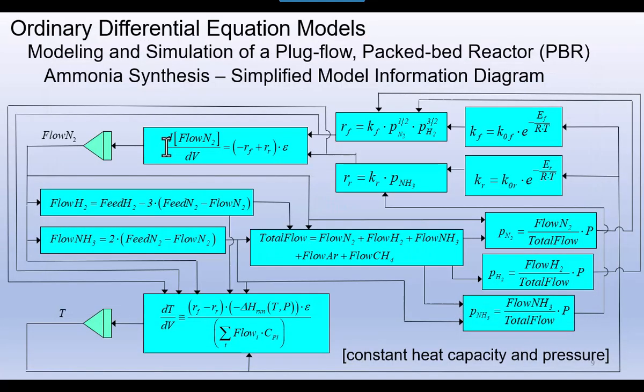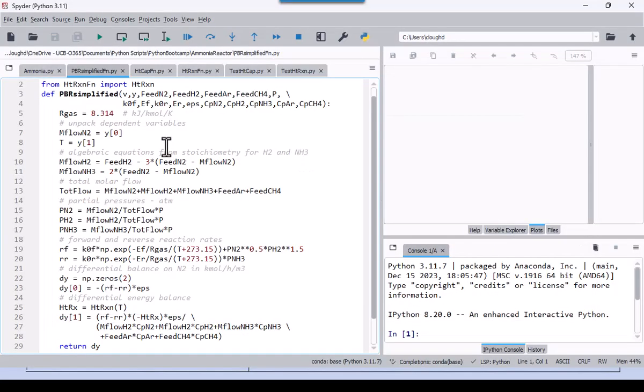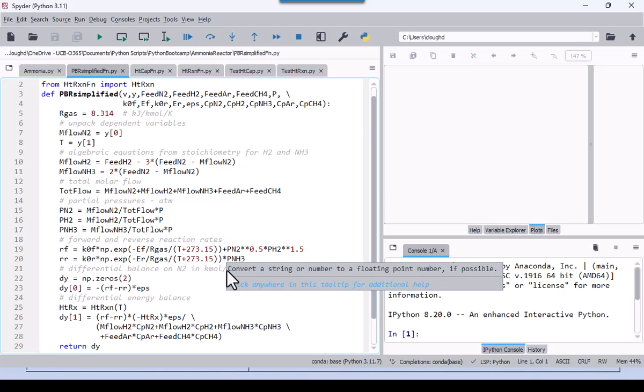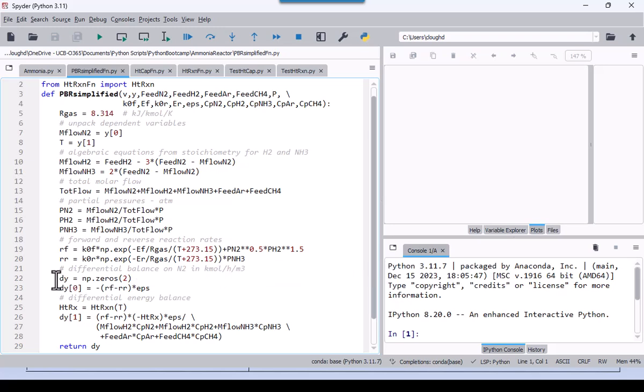We have that back here. We're following that and putting together the derivatives. So here's our stoichiometric relationships, our total flow, our partial pressures, our rate constants based on our Arrhenius descriptions and partial pressures.